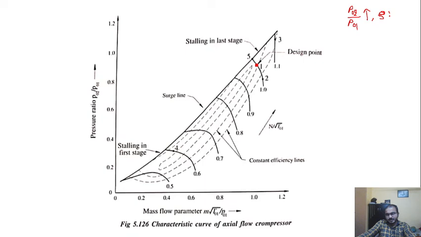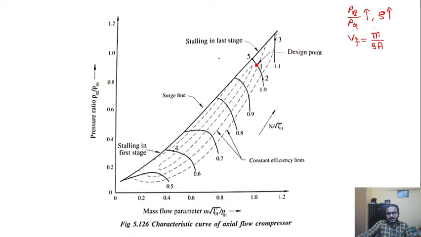And what will happen is that this will reduce the velocity, because Vf is equal to mass flow rate upon rho A. So the velocity of flow is reduced, and it is quite evident because the mass flow parameter is also reducing.